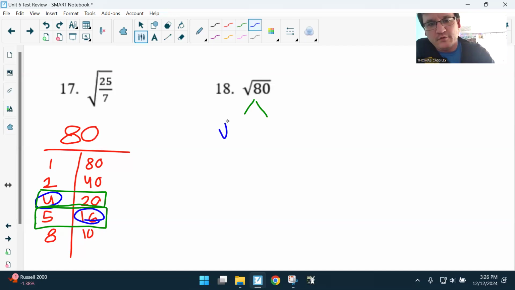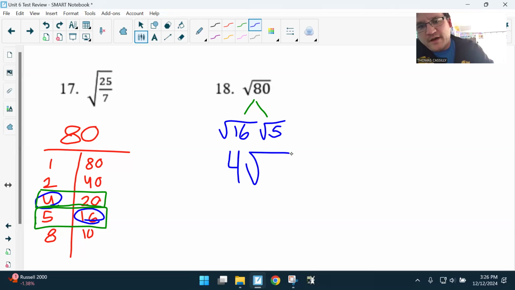So I'm going to break this up into the square root of 16 times the square root of 5. I'm doing that because the square root of 16 is just a normal 4. Square root of 5 is just some ugly decimal. I have no idea what square root of 5 is, so I'm going to leave it as the square root of 5. All right, so that would be your final answer.